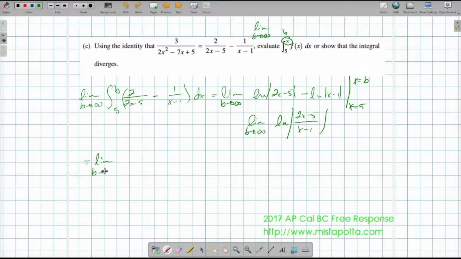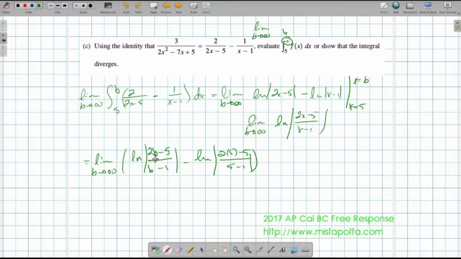So as b increases without bound, I've got the natural log of 2b minus 5 over b minus 1 minus the natural log of 2 times 5 minus 5 over 5 minus 1. So, again, remember to close that absolute value.